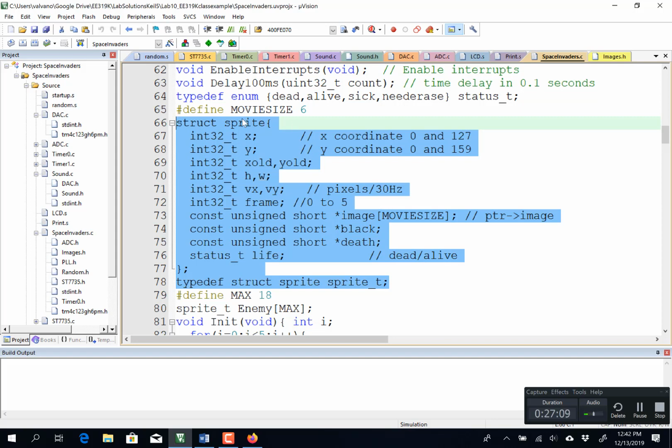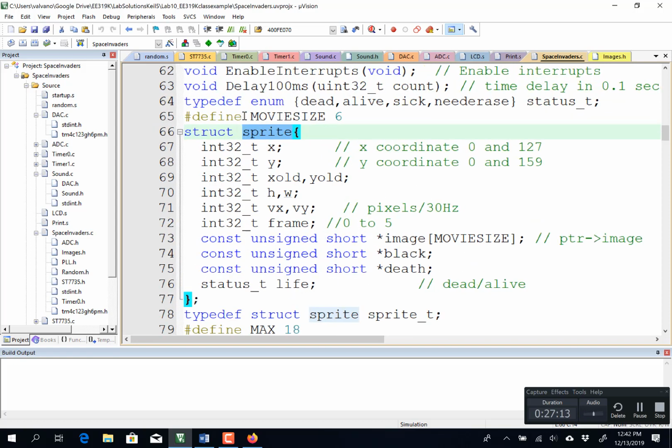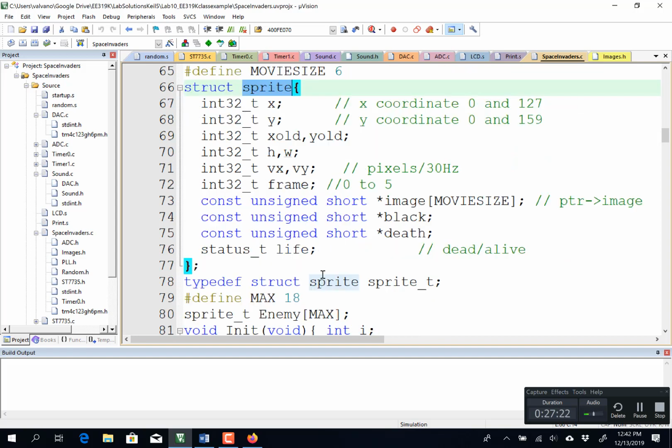This thing here isn't anything. It doesn't create memory, it doesn't create a type, it just creates a structure. And it's not a type down here until I create the sprite type. Now, it turns out I don't actually have to create a type. This code would have compiled.